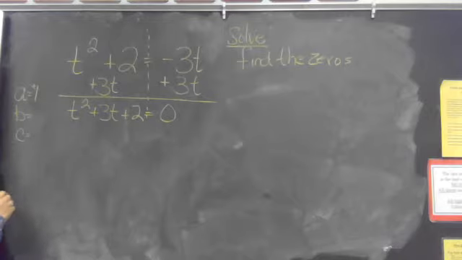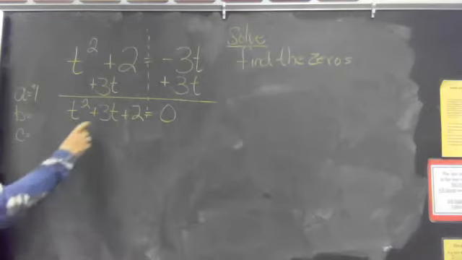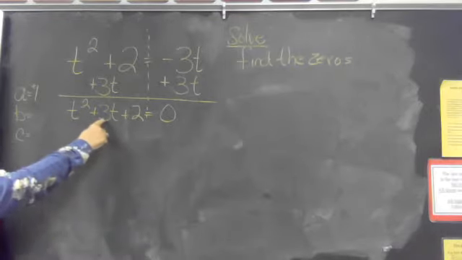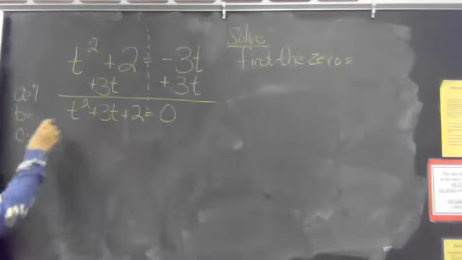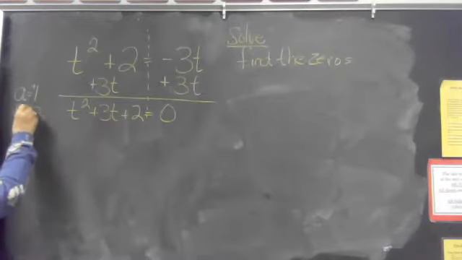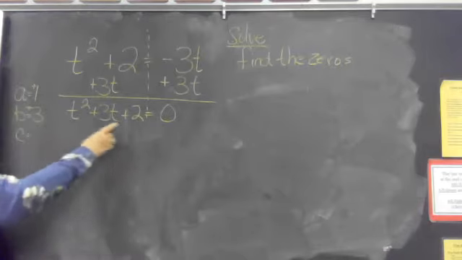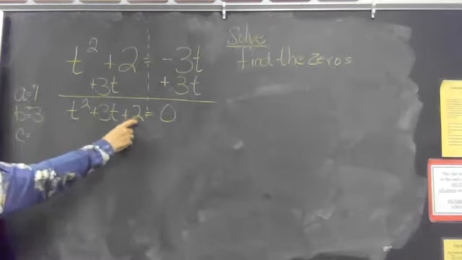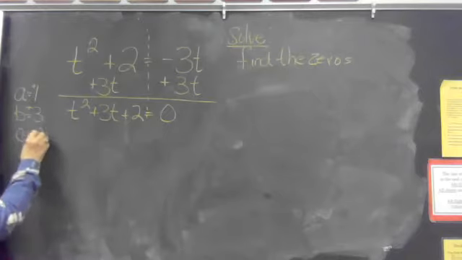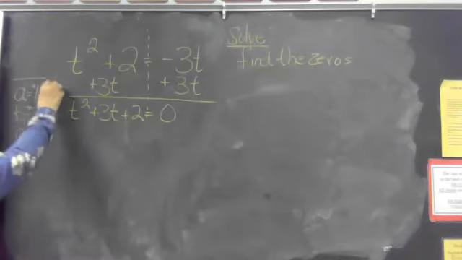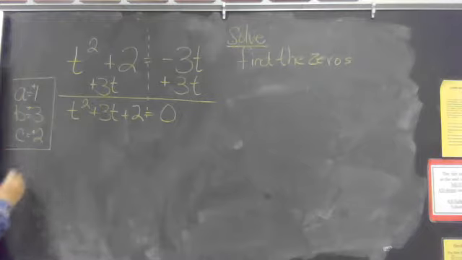Okay, so what is the B? 3. Yes, it's the coefficient in front of the t, so it's a positive 3. And one more time, the C stands for the constant. It's positive 2. So here are our values that we're going to use.